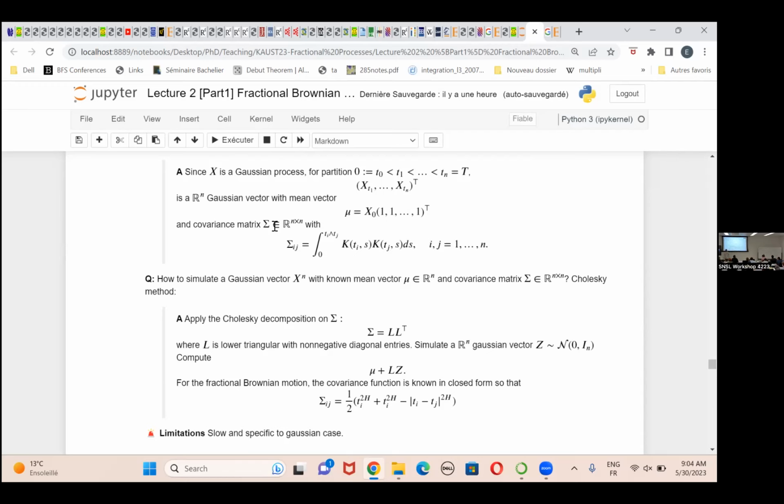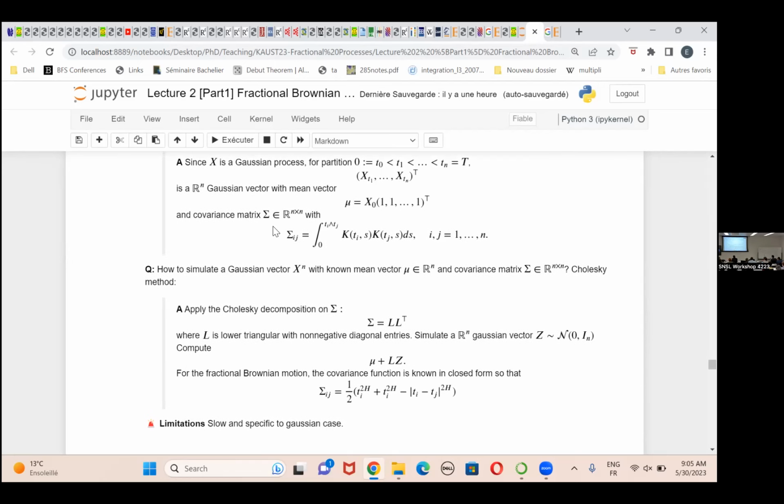So basically, you compute the Cholesky decomposition of sigma, you simulate Z, which you know how to simulate, you do the matrix multiplication, you add the vector mu, and you have a sample path of your process X.